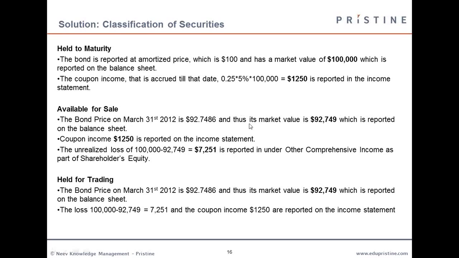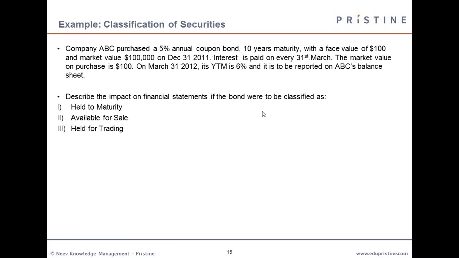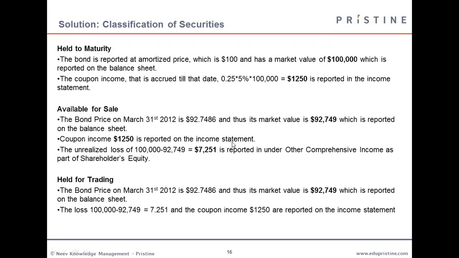The coupon income is for 3 months: as of December we had $100,000, and interest is paid on every 31st March, which is 3 months, or 1/4 of a year, or 0.25 of a year. So the coupon income will be 0.25 times 5%, paid annually, times $1 lakh, which is the market value. This gives the income, and it is reported in the income statement.